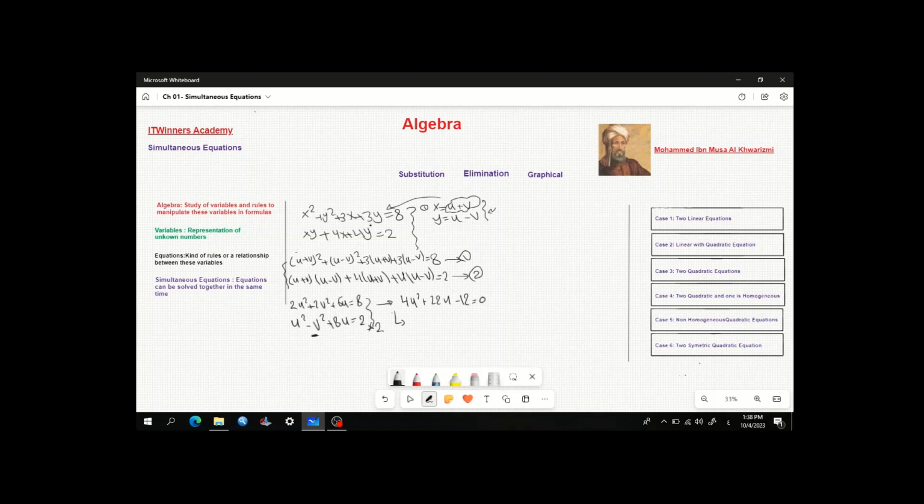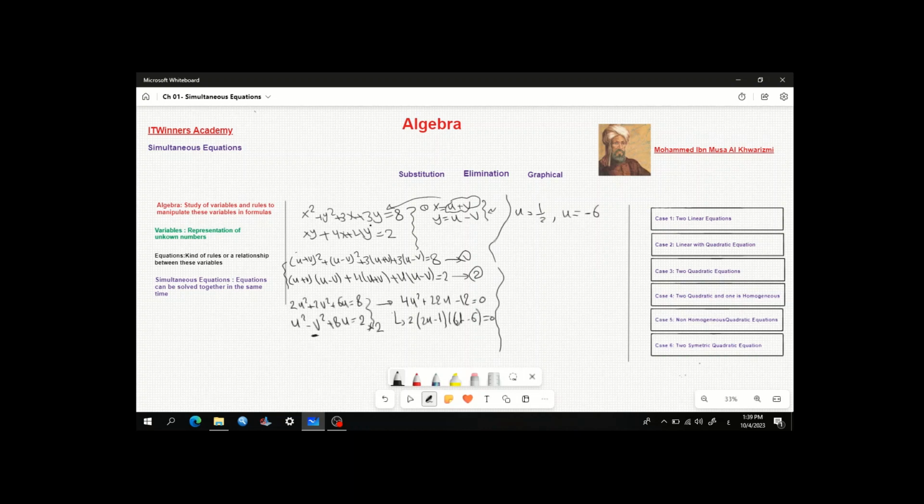Okay, now just solve it for u: 2u minus 1 and u plus 6 equal to 0. Now I have that u equal to half or u equal to negative 6.